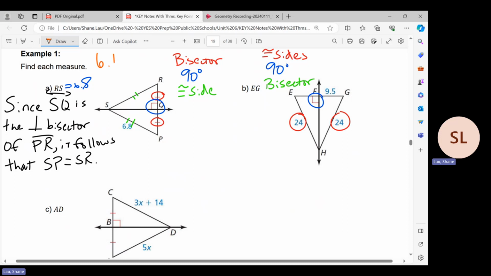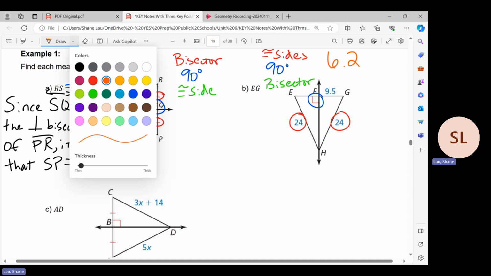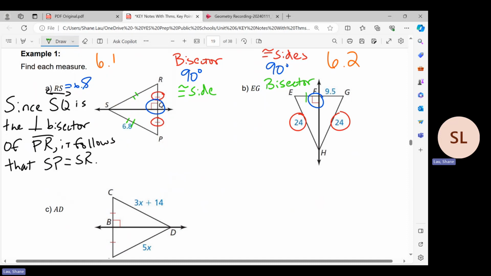B, however, is 6.2. So in this case, we're finding our bisector. If we have a bisector, we know that those two parts are congruent. Therefore, EF must be 9.5.